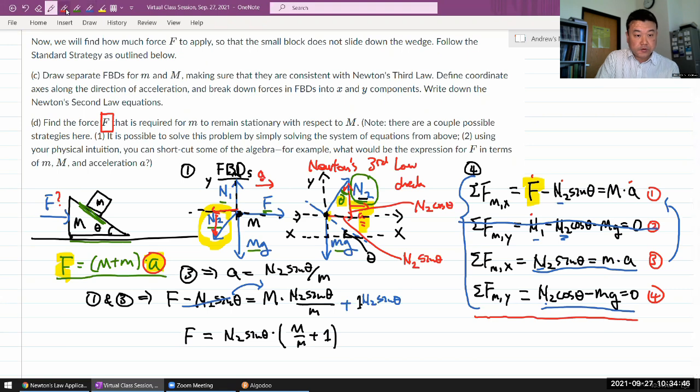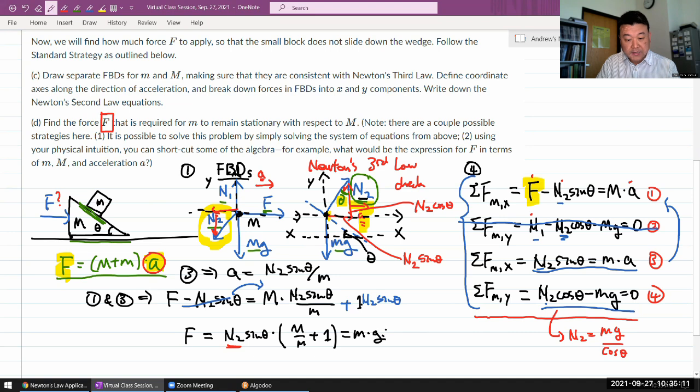Now we have this N2 that we can eliminate using equation 4. From equation 4, I have N2 is equal to small m g over cosine theta. So plugging that into here, what I get is small m times g sine theta over cosine theta.